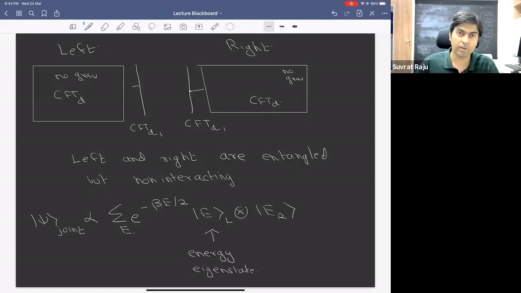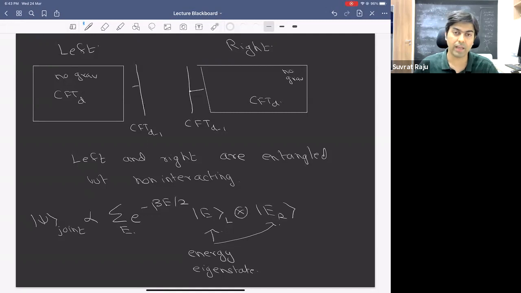Okay, so remember, we have four systems here in a sense. There's a CFT D minus 1, a CFT on both sides, and a CFT D on both sides. And this E_L here is an energy eigenstate of the full system on the left, and this E_R is an energy eigenstate of the full system on the right.